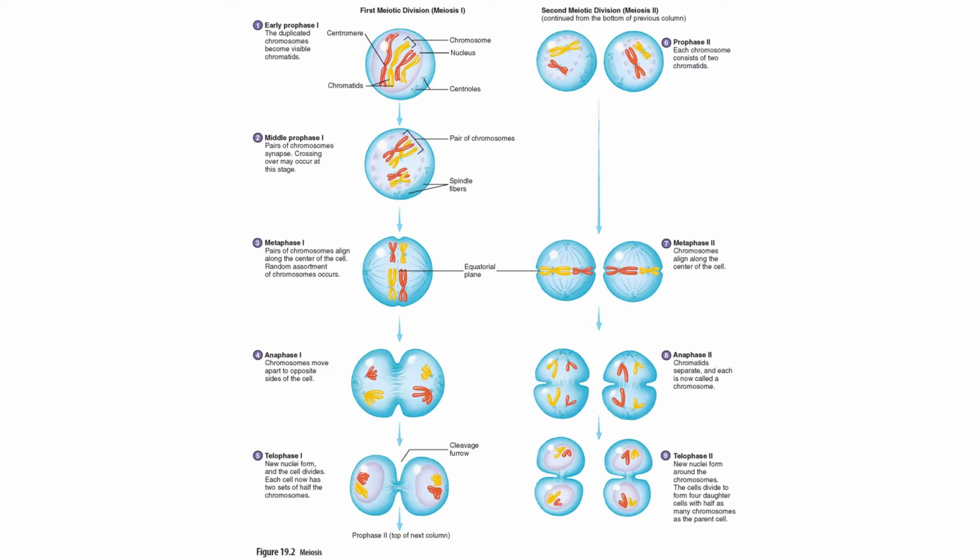Here you see that the first cell is divided into two, and then these two cells would be used again for the second meiotic division. In the second meiotic division, it will undergo the same process, and eventually it would give out four identical cells.